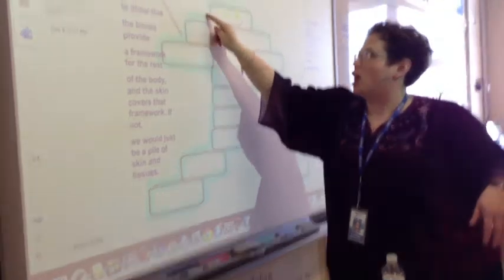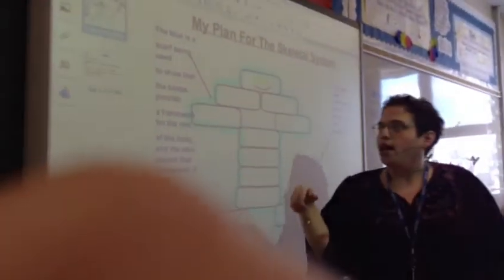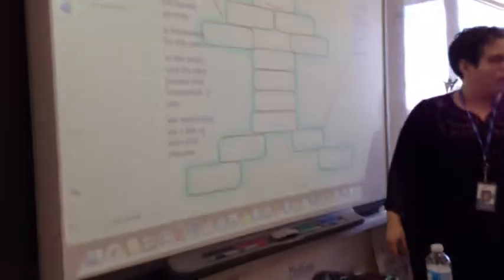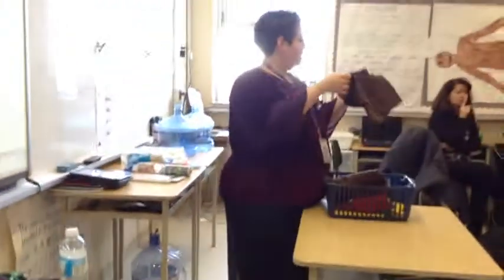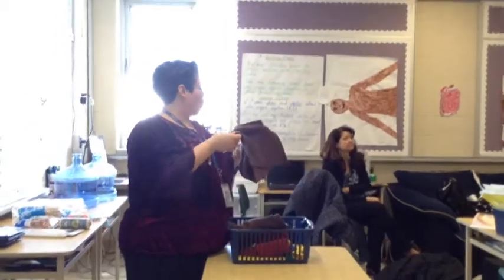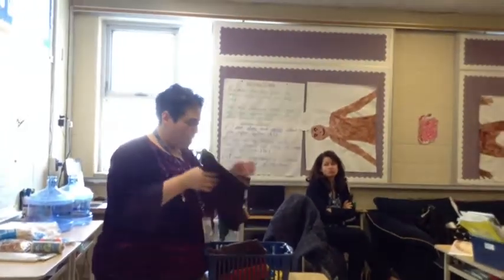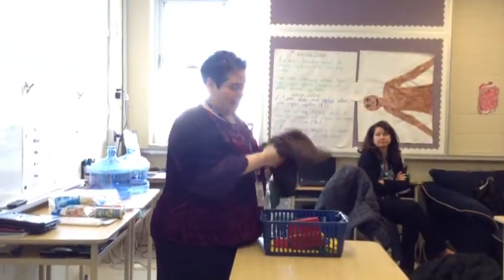And I've argued that this blue scarf-like thing that's going around it is being used to show how the bones provide a framework for the rest of the body and how the skin covers that framework. If we didn't actually have the bones in the body, we would just have a whole bunch of skin and tissue, but nothing to hold up our framework. So here's what I bought today to show you my skeleton.